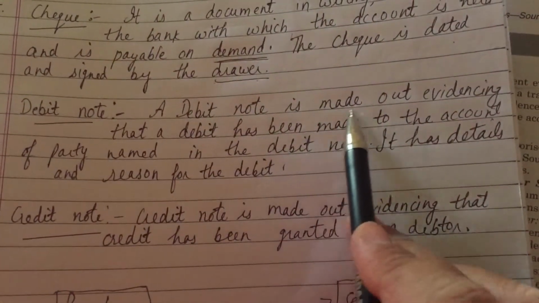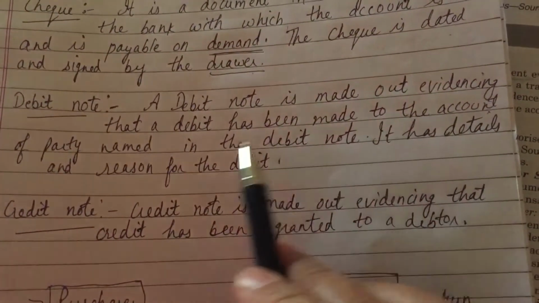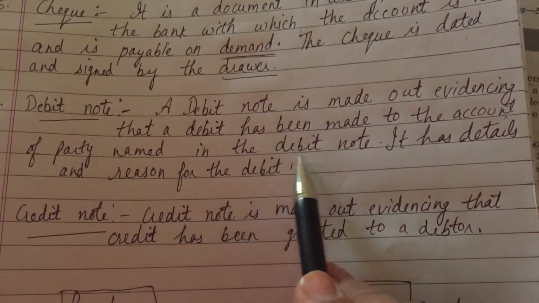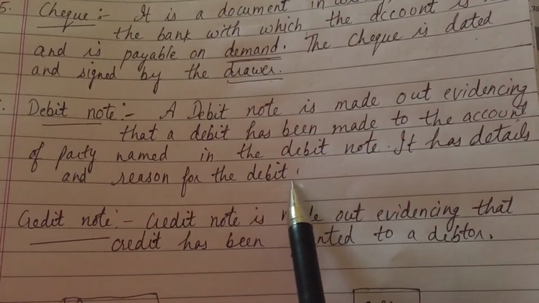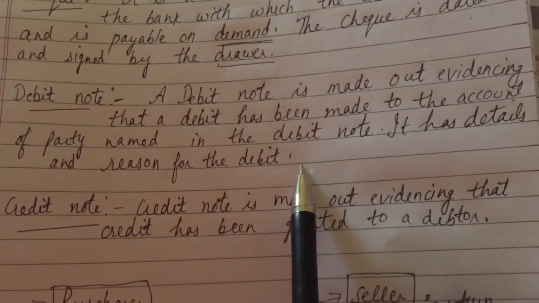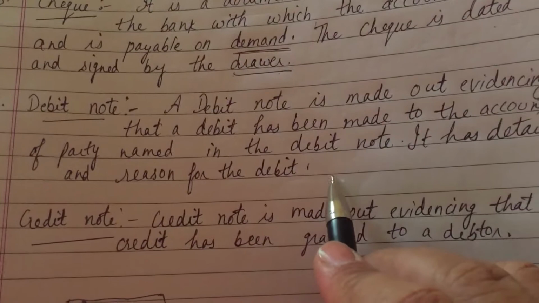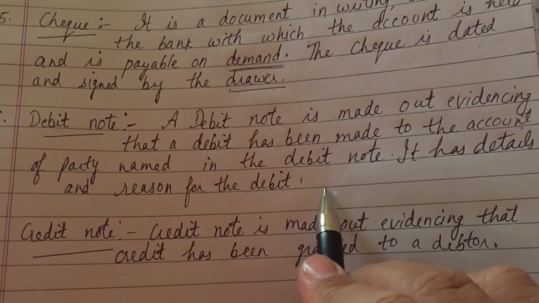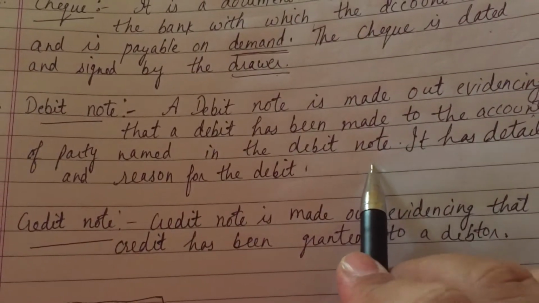A debit note is made out evidencing that a debit has been made to the account of the party named in the debit note, and it has details and reasons for the debit, meaning why we have given the debit to the seller. The reason and the amount are to be written in the debit note.